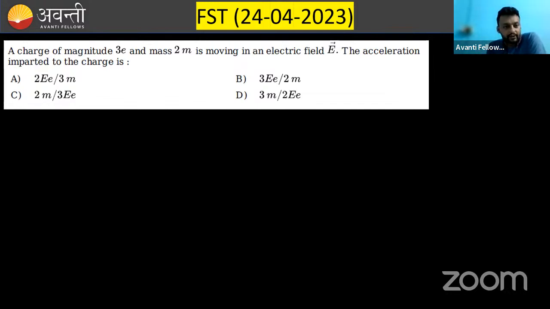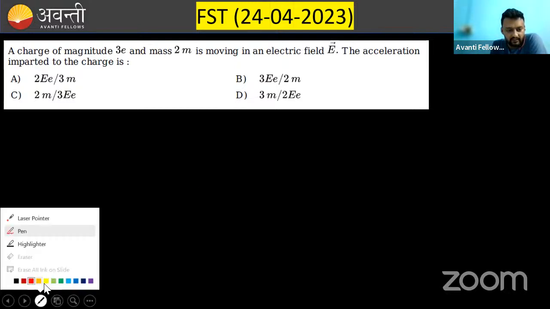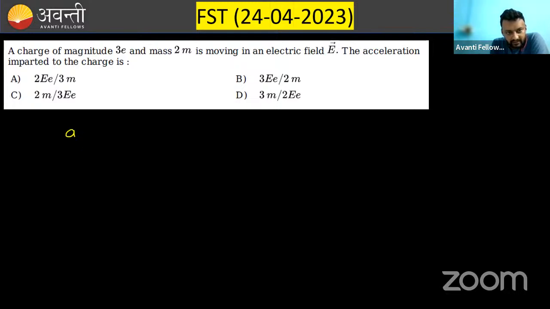Now, a charge of magnitude 3e and mass 2m is moving in an electric field capital E. The acceleration of the charged particle. This is again a very fundamental question. Acceleration is, from Newton's law, F upon m.